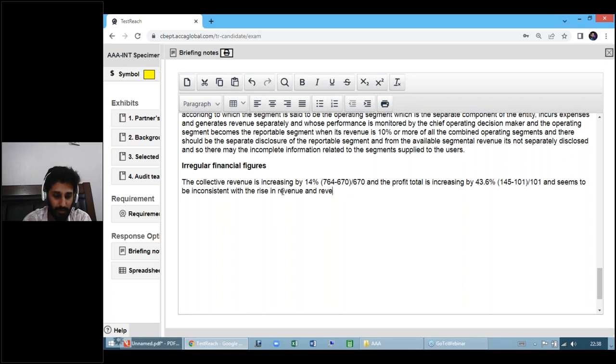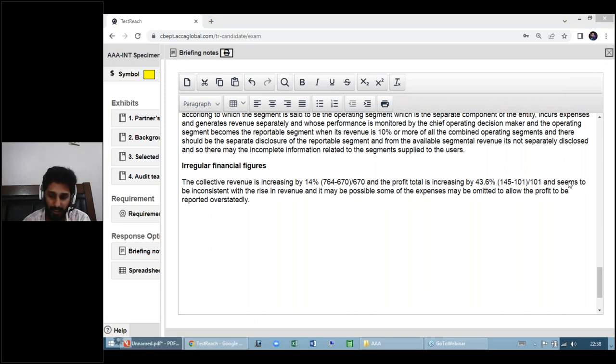It quite may be possible that some of the expenses may be omitted to allow the profit to be reported overstated. All right, this is the analysis.